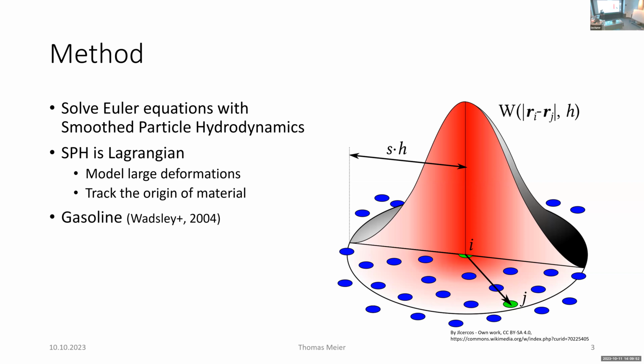And the tool we used to do that is called Gasoline. It was developed by Wadsley in 2004 and is based on PKDGRAV, the original PKDGRAV developed by Joachim Stadel in the 2000s to do cosmology, essentially.